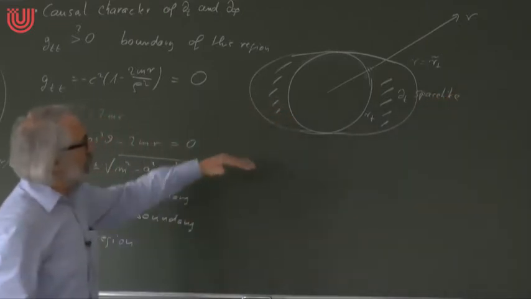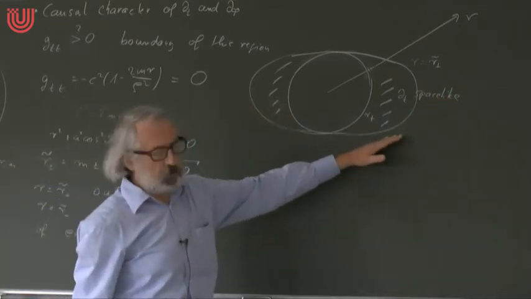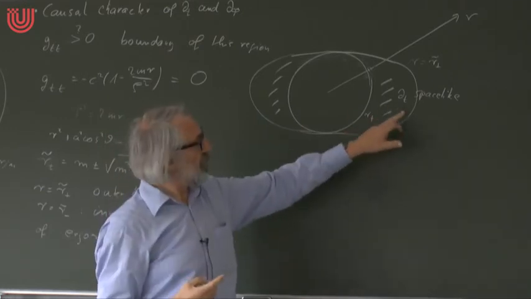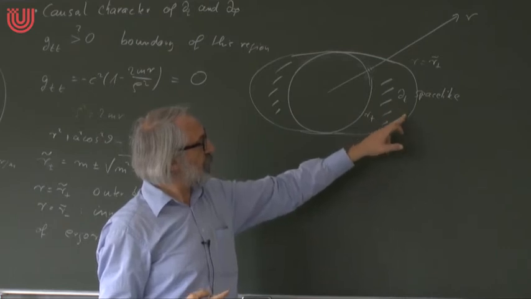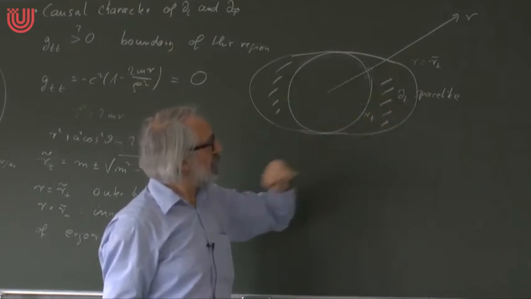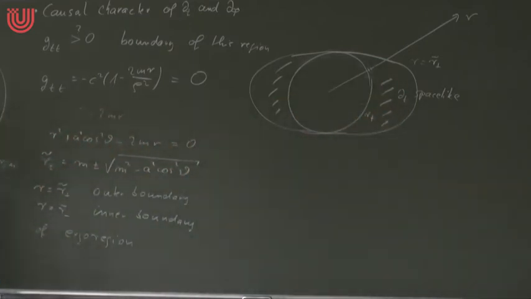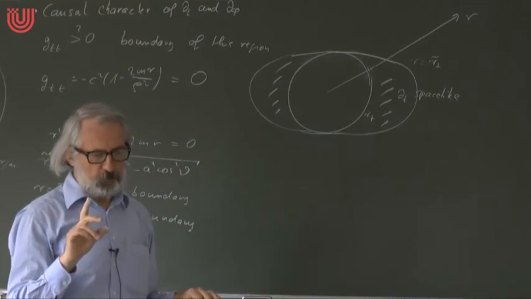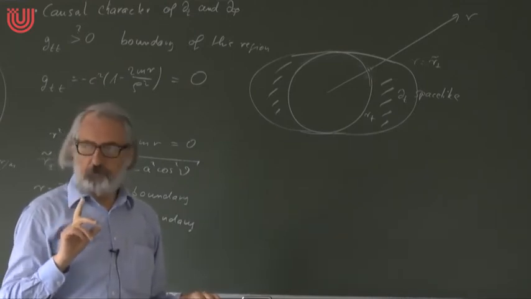It means if I'm outside of the ergo region, then I can stay on a t-line. An observer can stay on a t-line. But if I'm inside, if I have crossed this limit surface here, then I can no longer stay at a particular t-line. We will see that actually I can move at a constant r coordinate, but I need a phi coordinate.